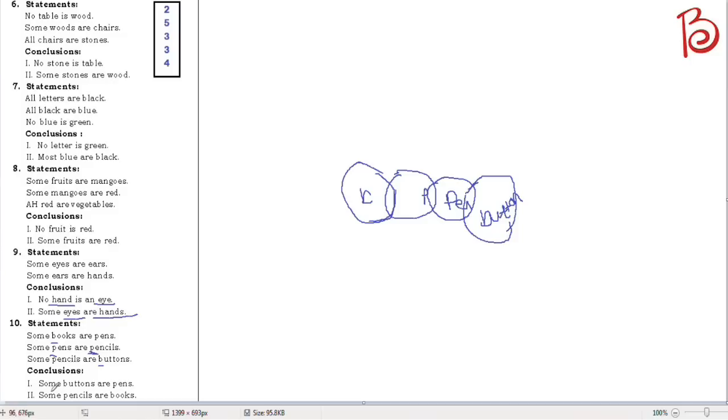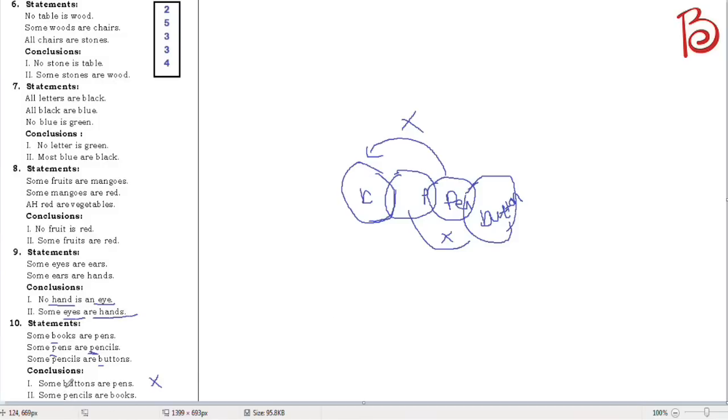So some buttons are pens, no relationship, so wrong. Some pencils are book, no relationship, so wrong.